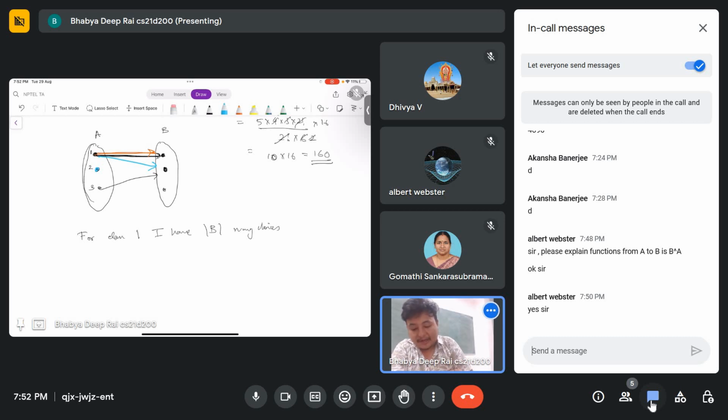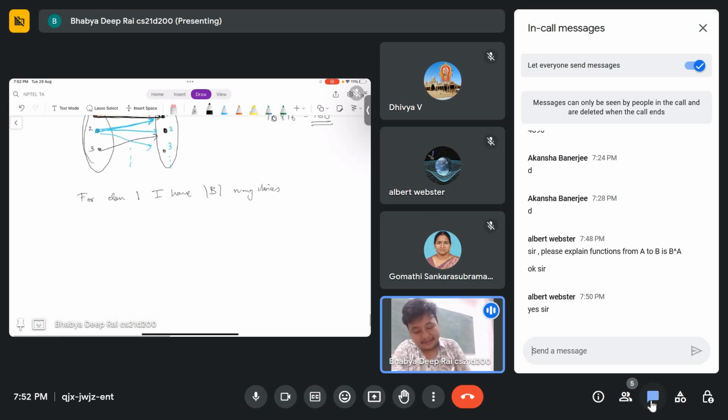Since this is allowed, I have B's elements 1, 2, 3, and so on as my choices also. I can choose the first, second, or third element of B, and so on. So for element 2 in A, I have size of B many choices again.